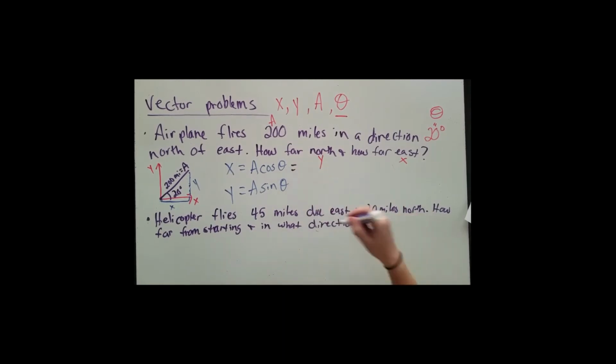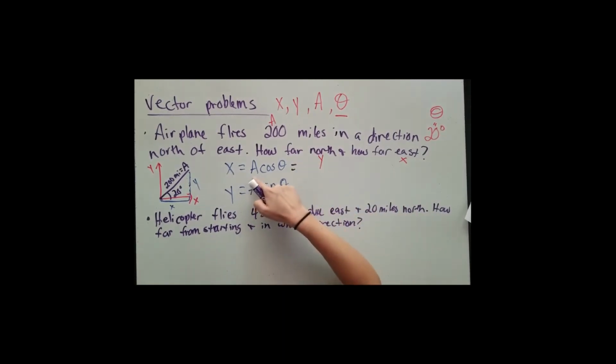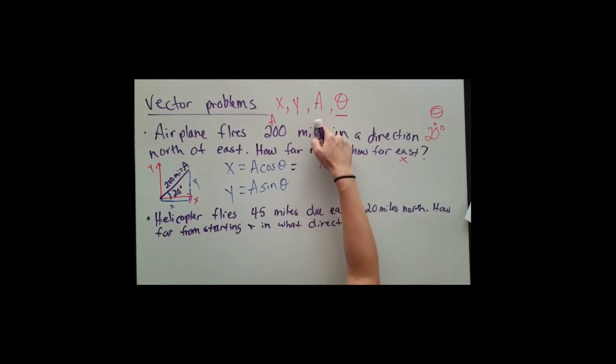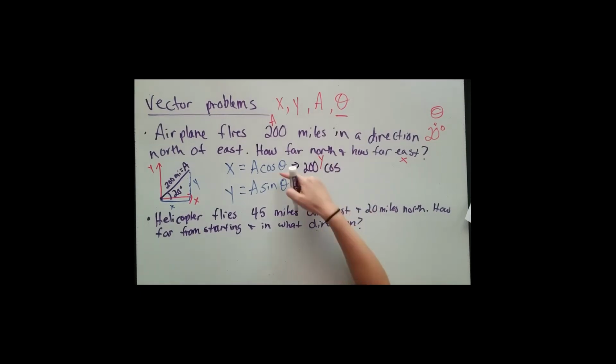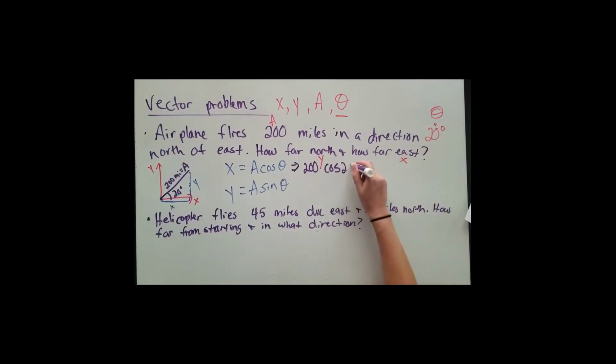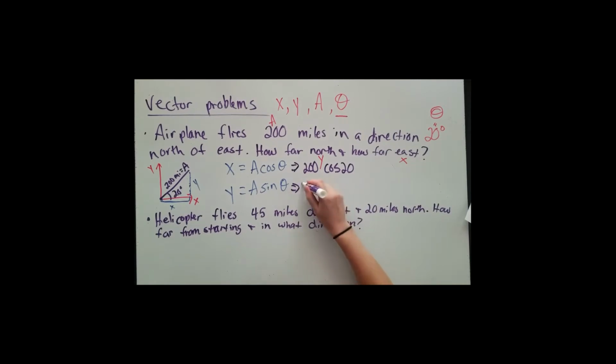Okay, so a, that's my 200 we just said. So this becomes 200 cosine, and then my theta was that 20 degrees. For the y, it's going to be the same thing except for sine 20.